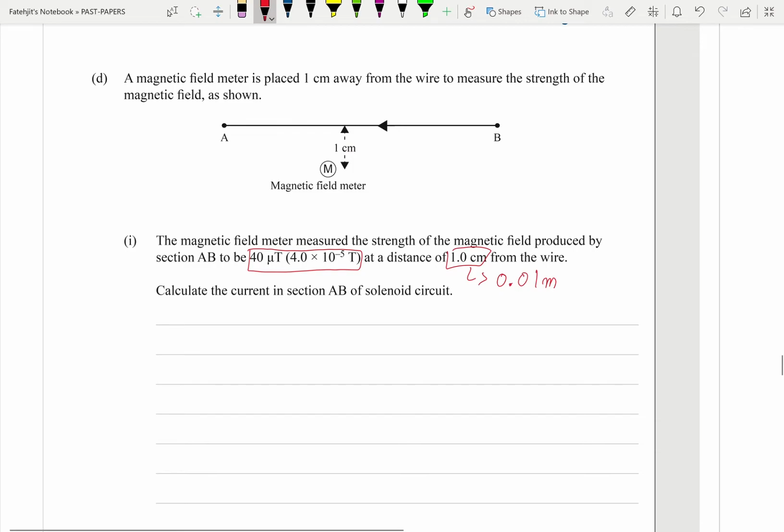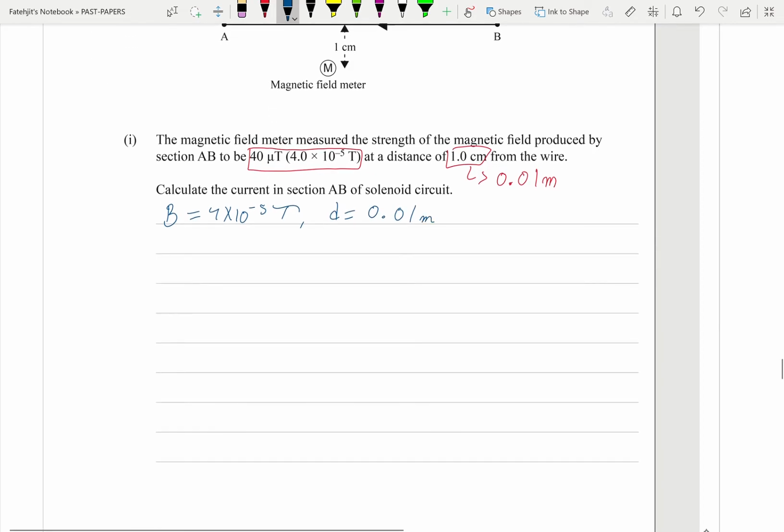Cool. So we need to find the current. From here we have the magnetic field strength, which is given to us at 4 times 10 to the power negative 5 Tesla. We have the distance, which is 0.01 meters, because SI units.